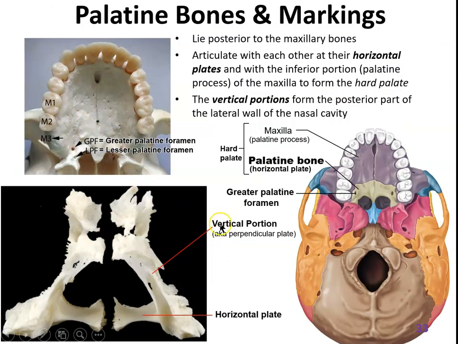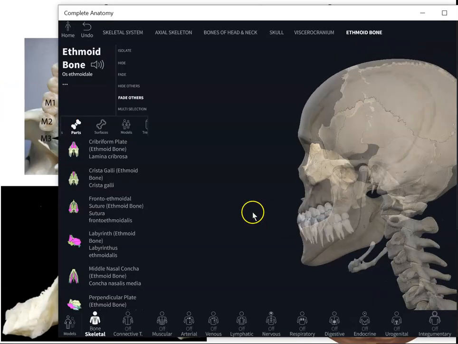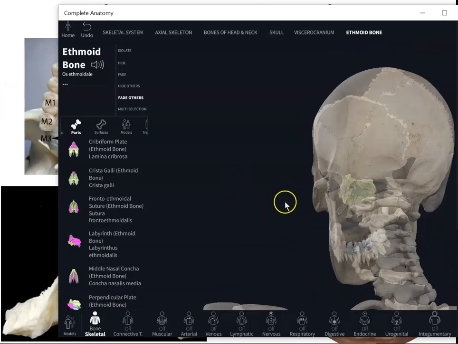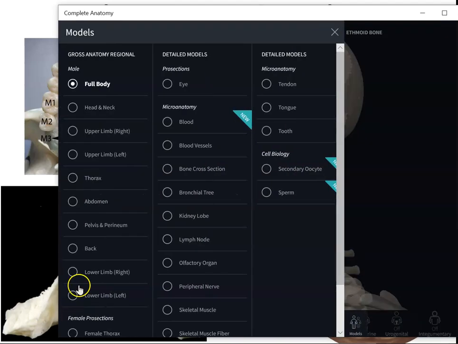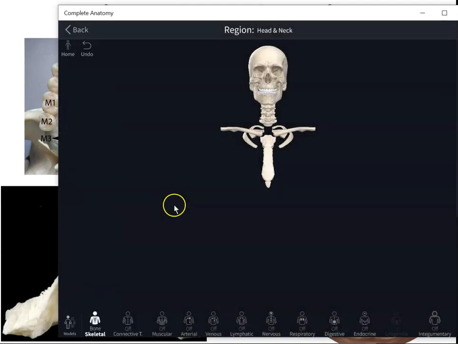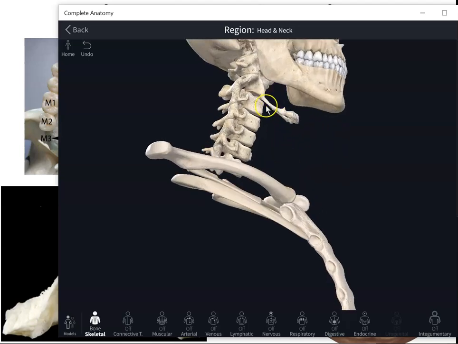The bone that you have the most difficulty seeing or finding is the palatine bone. It forms part of your bony palate here. And again, this is best found in the software. So one thing I can do is go to model and just do head and neck, and that will get rid of a lot of the other stuff that would be in our way.